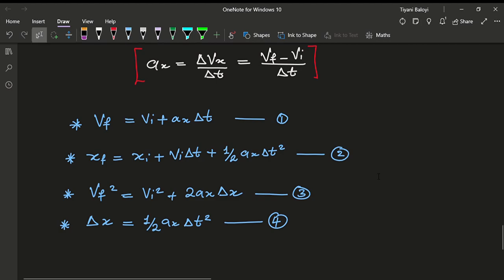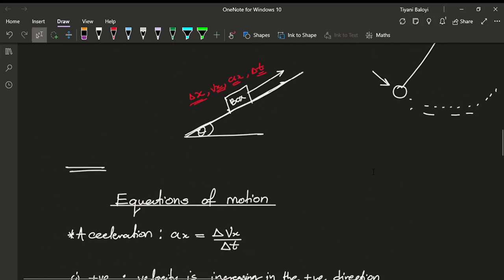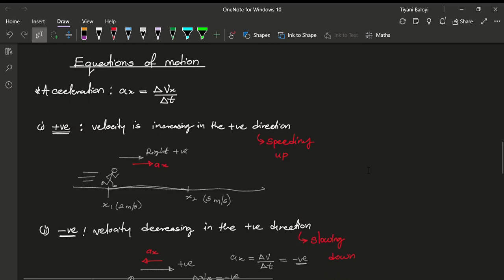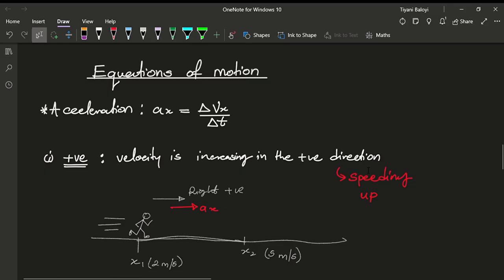So we'll end here. Let me just give you a rundown of what we looked at, right? We looked at equations of motion. We started with acceleration, which is the rate of change of velocity, change in velocity over change in time. And then we looked at what it means when you are speeding up, right?